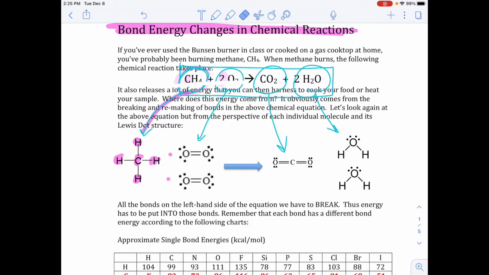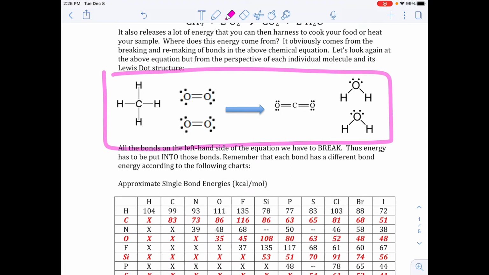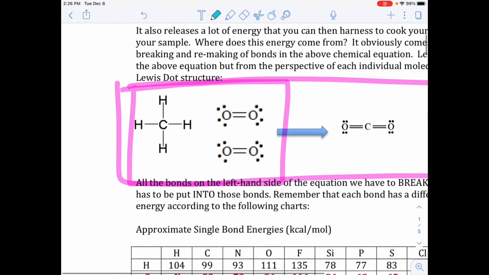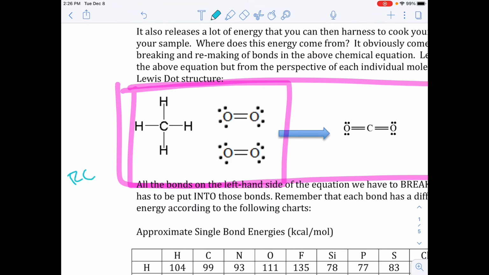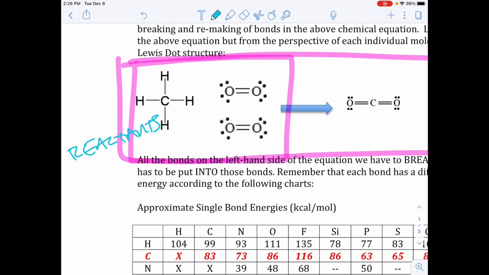Okay, so we're going to move down and look at this equation. What this first talks about is that everything on the left-hand side is considered the reactants. Anytime we have a reaction, we're breaking bonds and making bonds. We have to break these bonds first.